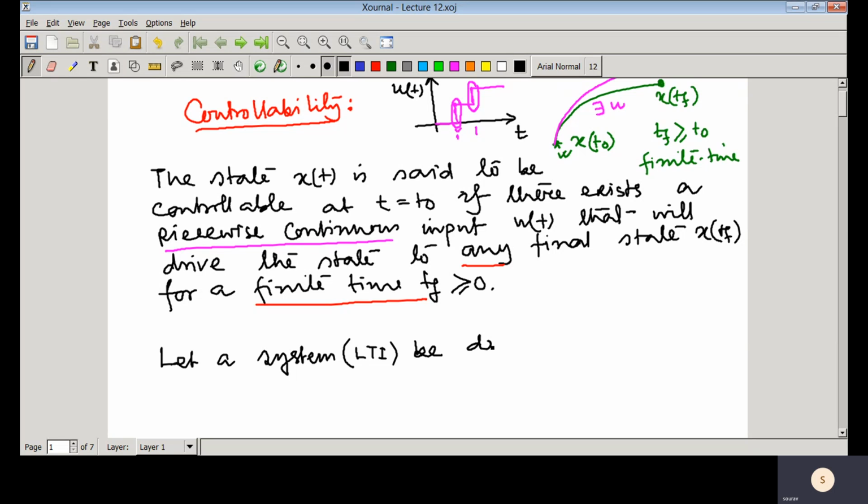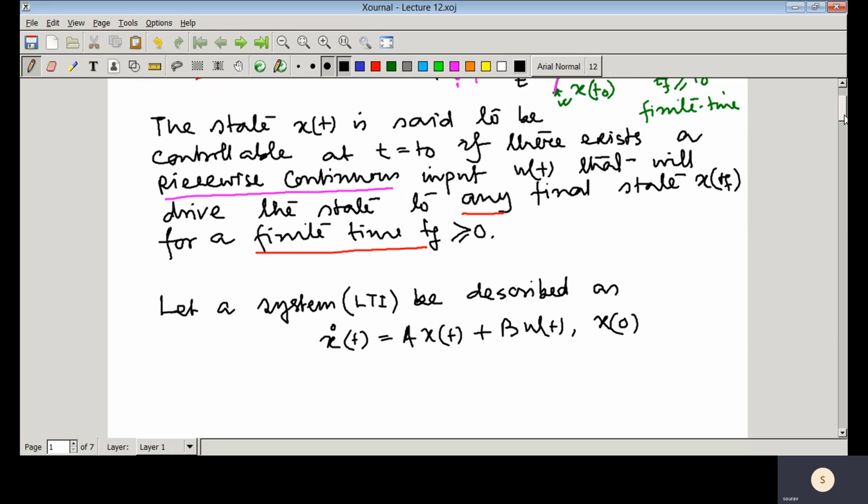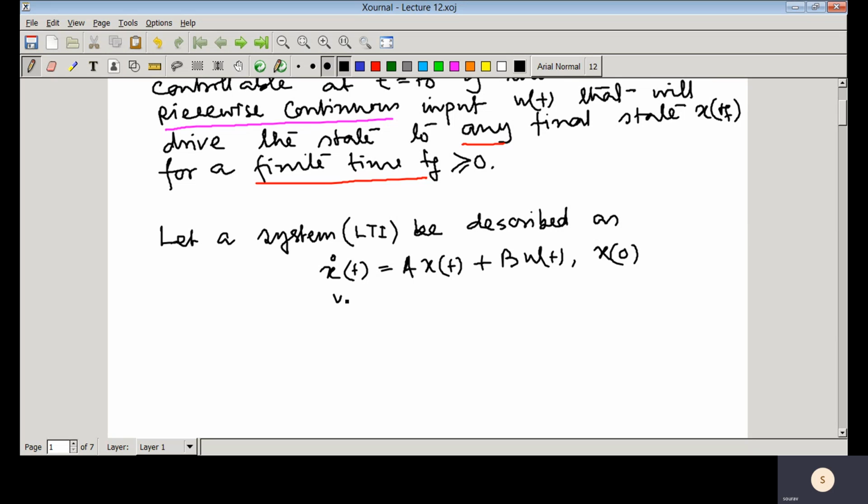Let a system be described as x dot(t) equal to Ax(t) plus Bu(t) with initial condition 0, and y(t) equal to Cx(t) plus Du(t).